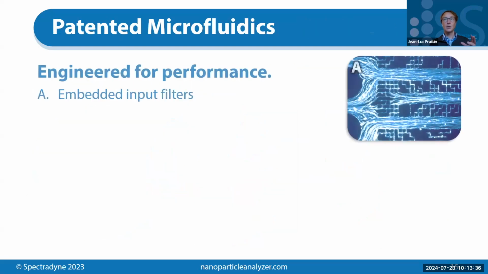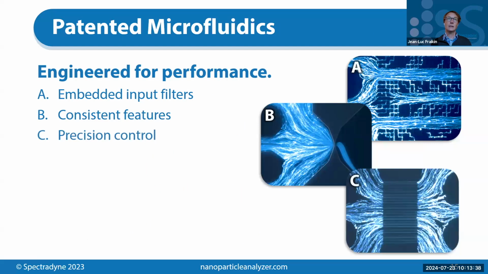Some of those engineered features inside the microfluidics are shown here. And I want to draw your attention to the one shown in panel A. This is a filter structure that's built into every one of our cartridges. It's not a typical membrane filter that you would think of when you filter your tissue culture media, for example. This is really just a network of small channels through which the sample must pass to be detected. And it just captures particles that are too big to fit through the constriction.